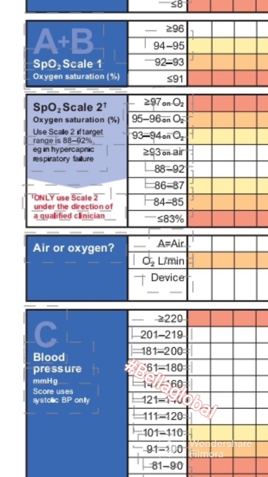Scores uses systolic BP only. Okay, that's quite explicit, quite explanatory. It says only score the systolic BP, because some people think, okay, so if it's just the systolic, it means I will only represent the systolic in the chart. No, that's not what it means.